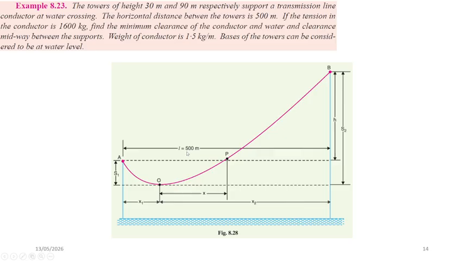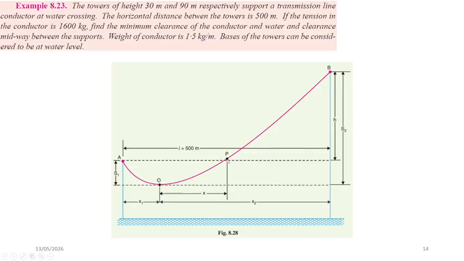So using the given conductor tension and weight per meter, the problem evaluates the shape of the conductor curve and determines the minimum clearance above the water surface as well as the clearance at the midpoint between the supports.